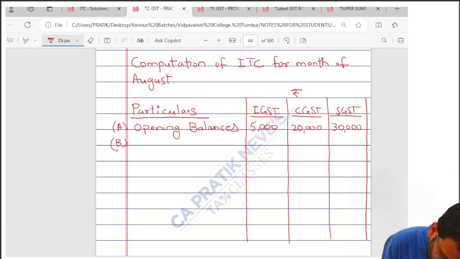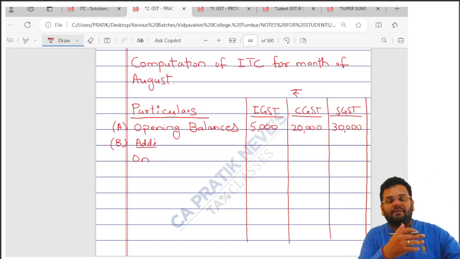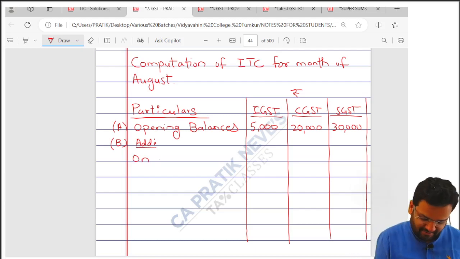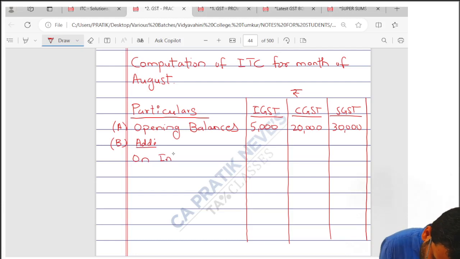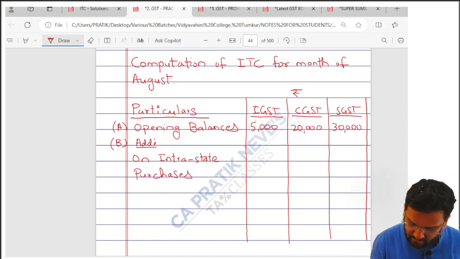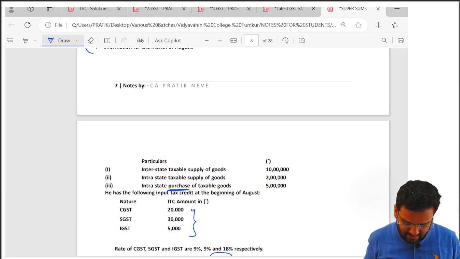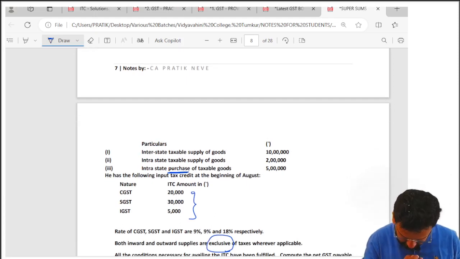B point, add on, is it you have intrastate purchase or interstate purchase? So what are your intrastate purchases? Yes, 5 lakh. 5 lakh into the rate of GST, 9% each.